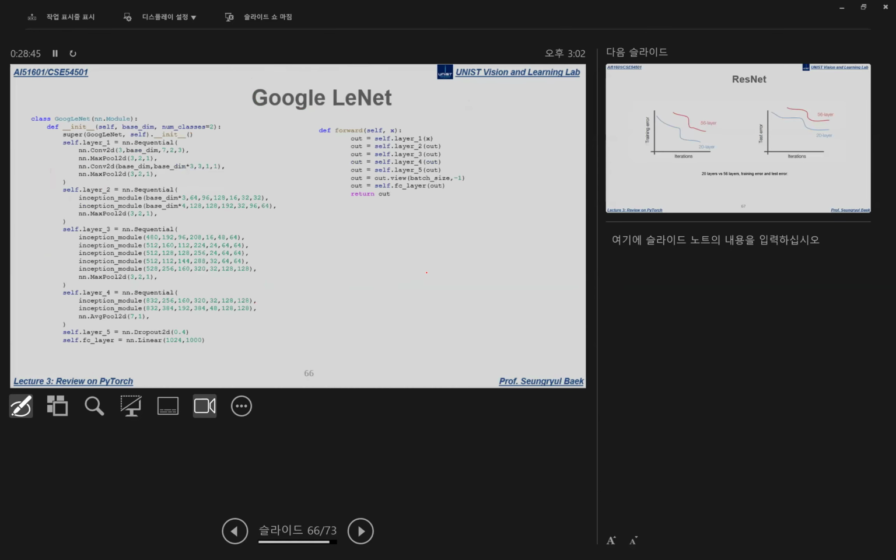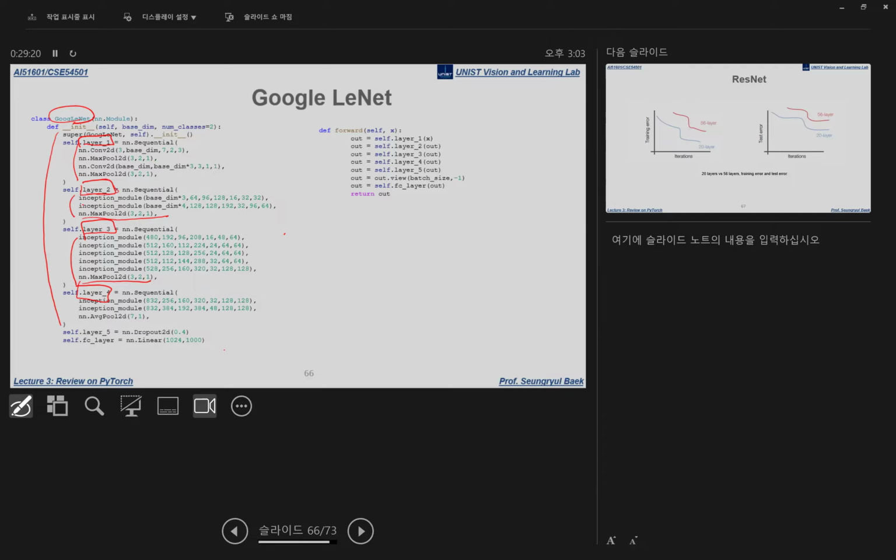Then for constructing the overall GoogLeNet architecture, they define several layers: the first, second, third, and fourth layers. Except for the first layer, which has convolution and max pooling, the other layers are mostly composed of the Inception modules we just defined, with max pooling at the end. Are you guys following that?